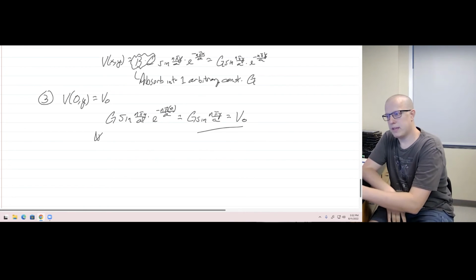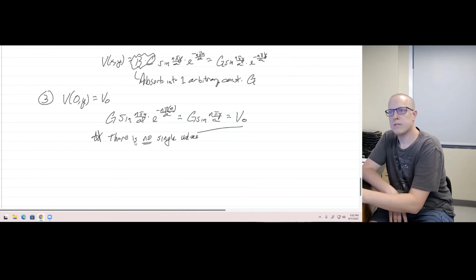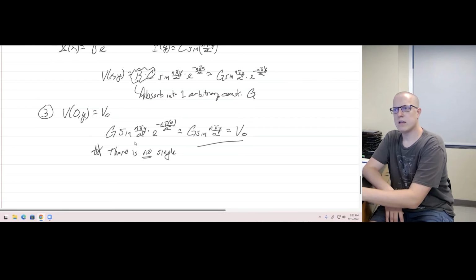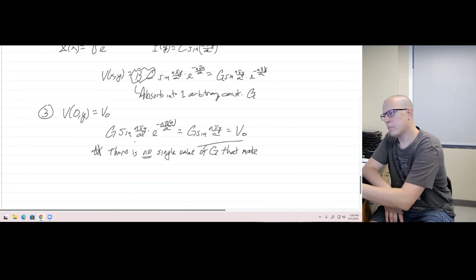And so the problem is there is no single value of g that can make this equation work.